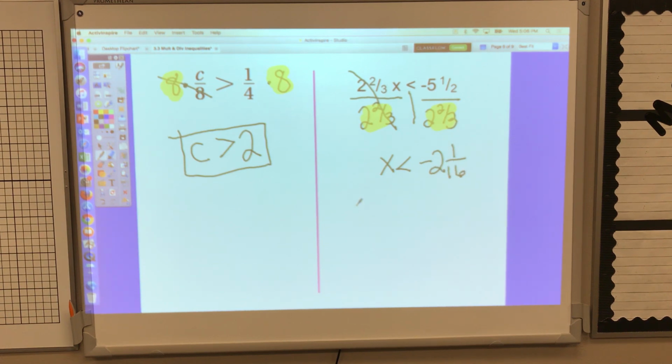Okay, the symbol again stayed the same because what I divided both sides by was a positive.